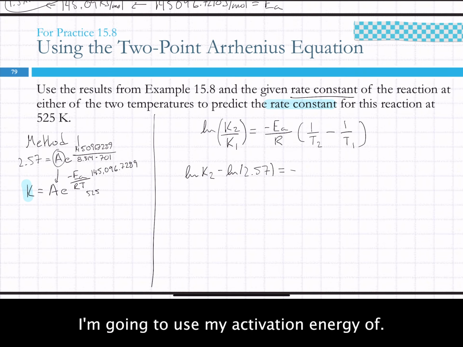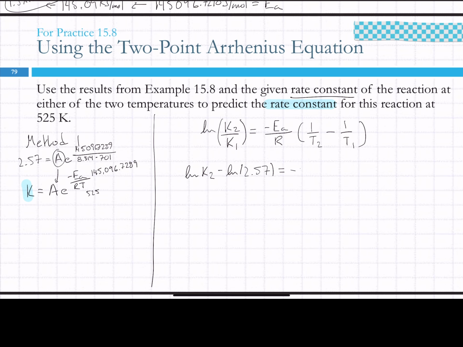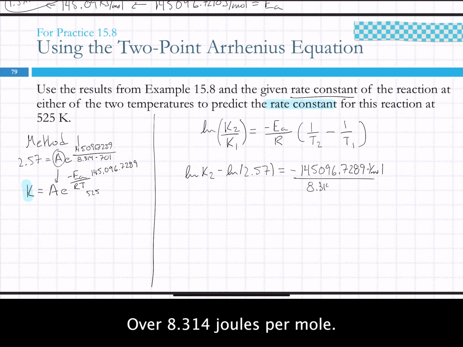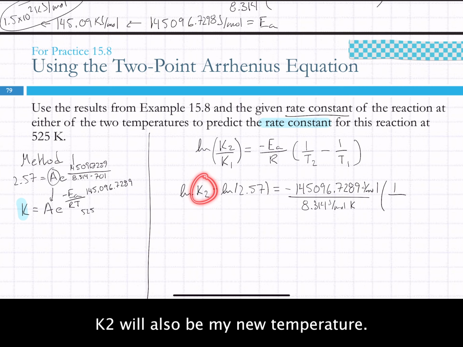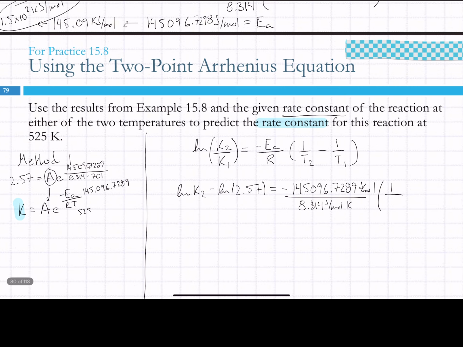I'm going to use my activation energy, in joules, 145,096.7289 joules per mole over 8.314 joules per mole Kelvin, times 1 over temperature. So K2 is what I'm solving for. K2 will also be my new temperature. 1 over 525 minus 1 over 701.